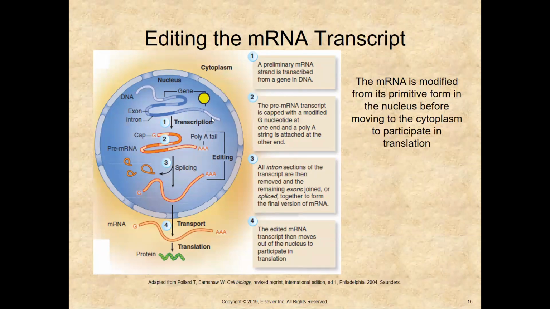You might know it for other courses, but I don't really need you to know that. But the point I do want you to know is that the messenger RNA is going to be made in the nucleus. It's going to be a copy of the DNA, and it's going to be essentially edited or modified from its original form before it leaves the nucleus through the nuclear pores.